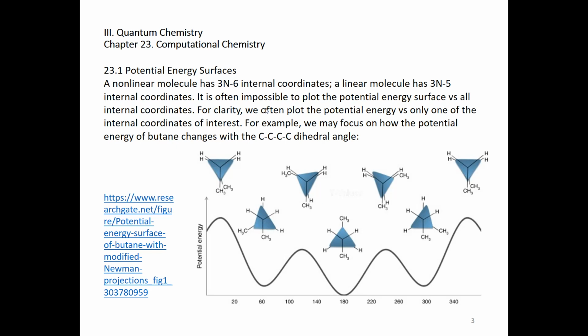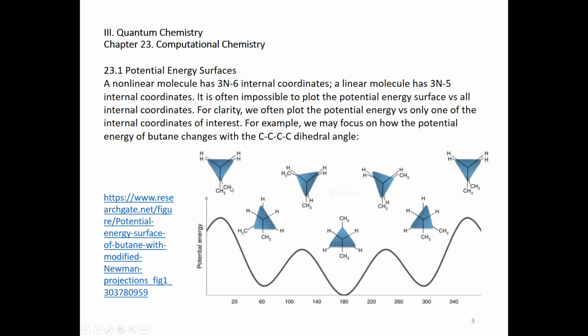For example, if we are looking at the rotation of the carbon-carbon bond in a butane molecule, we usually just look at the CC-CC dihedral angle. So why 4 carbons here? To define a dihedral angle, we need 4 atoms. It's going to be atom 1, atom 2, atom 3 behind this, and then atom 4.